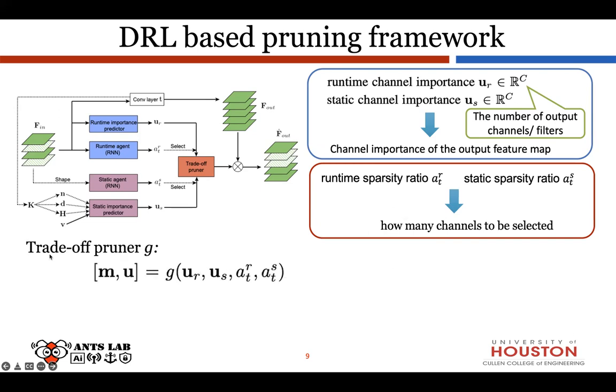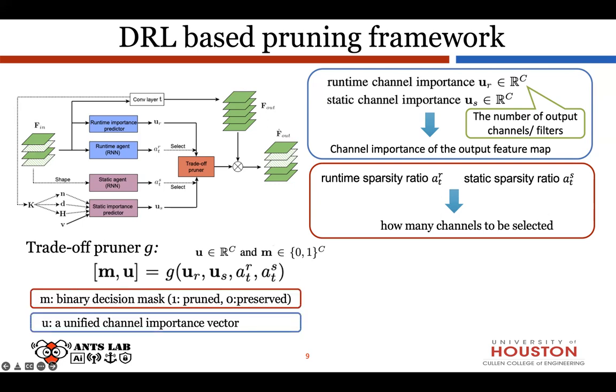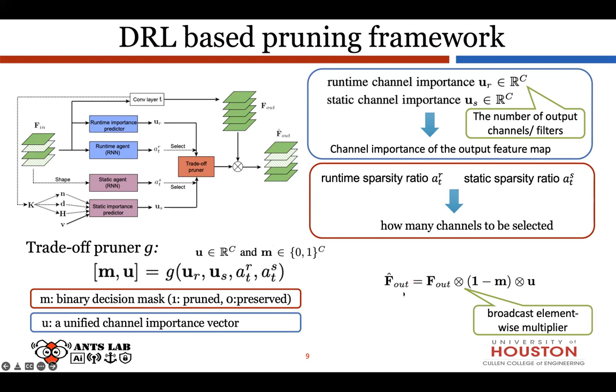Finally, we will have our trade-off pruner. We will have two terms, the M term and the U term. M is a binary decision mask, where 1 means we need to prune that channel, and 0 means we need to preserve that channel. U is a unified channel importance vector, which is related to UR and US. Therefore, we have our pruning results as shown in this equation.